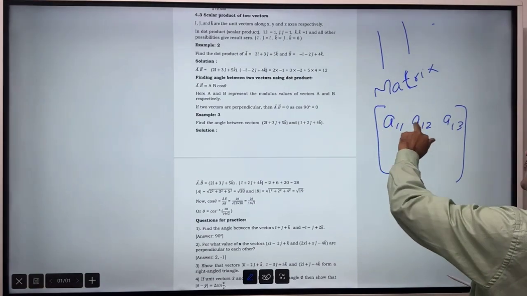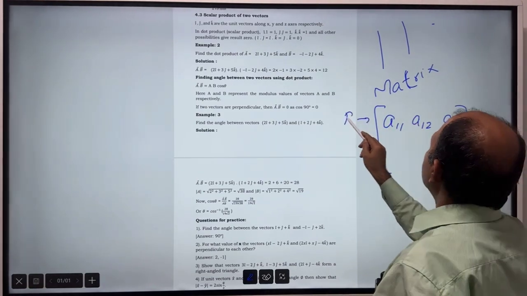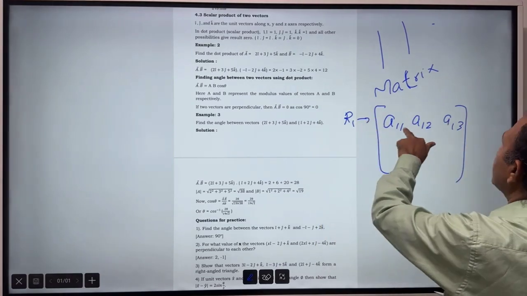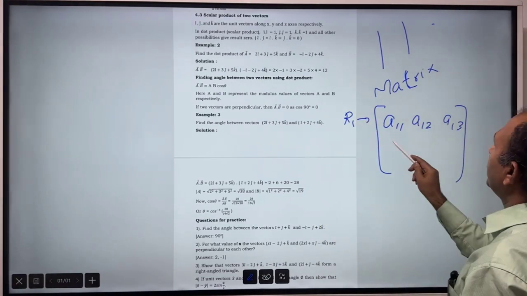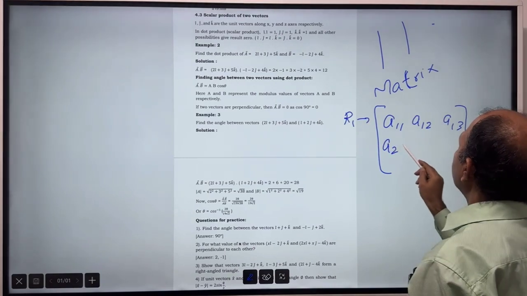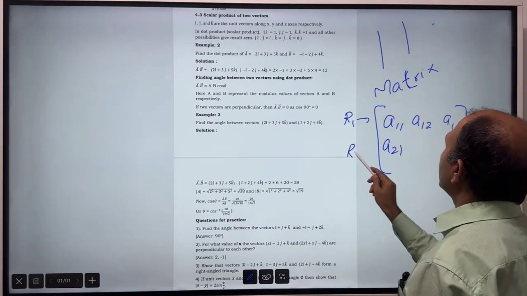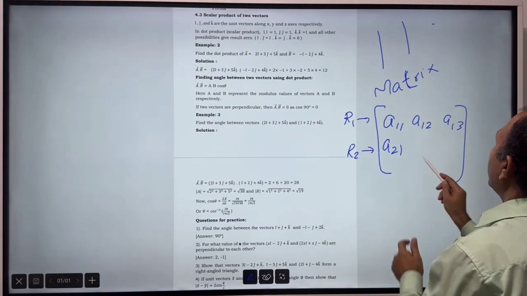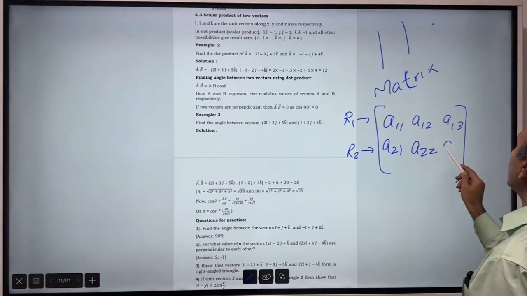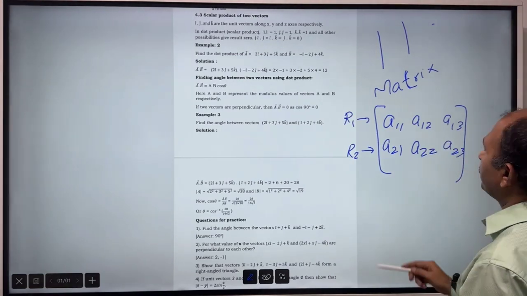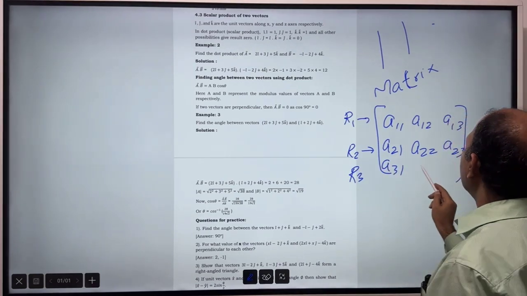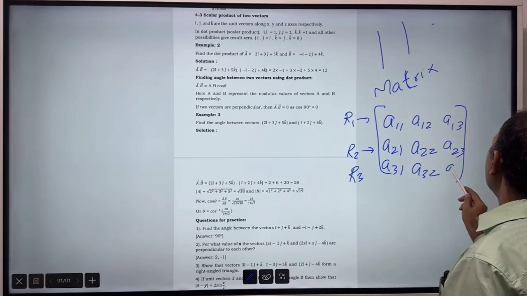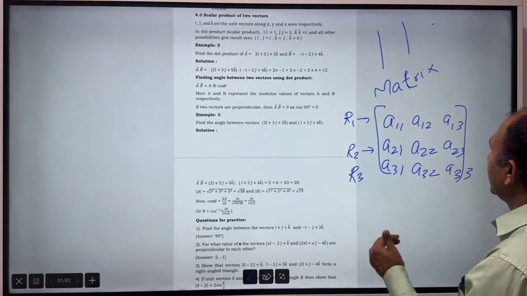Rows are R1, R2, R3. Then A21, A22, A23 in the second row, then A31, A32, A33 in the third row.